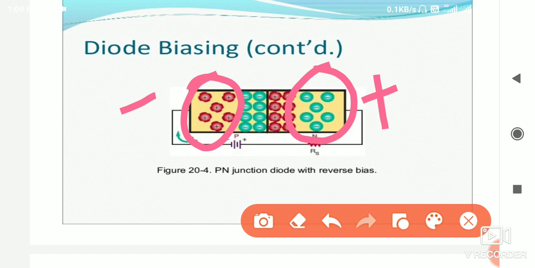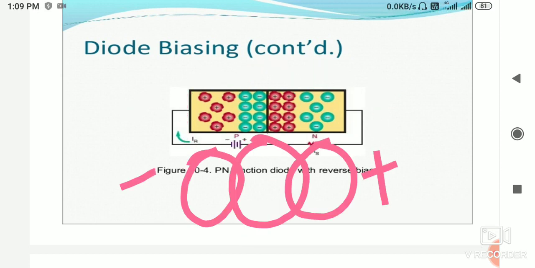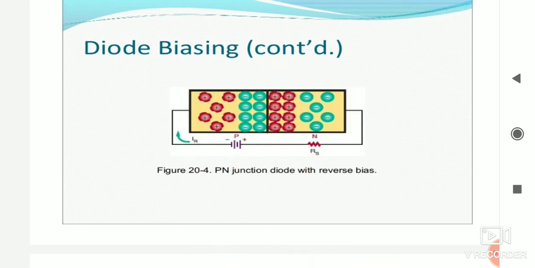So there is more accumulation of charge here, and that is why the depletion layer will be larger compared to forward biasing. This is the concept behind why in forward bias the depletion layer is thinner than in reverse biasing.